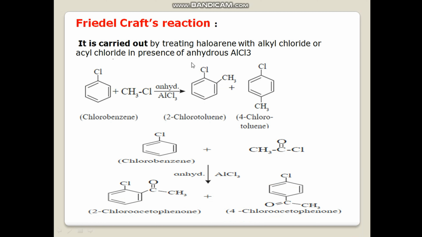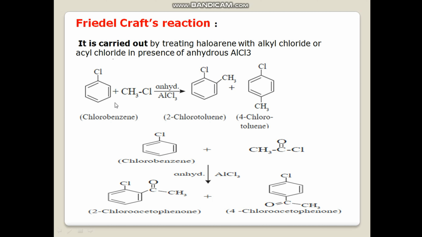Then the Friedel-Crafts reaction. Friedel-Crafts alkylation and Friedel-Crafts acylation reactions are carried out by treating haloarenes with alkyl chloride or acyl chloride in the presence of anhydrous AlCl3, aluminium trichloride.